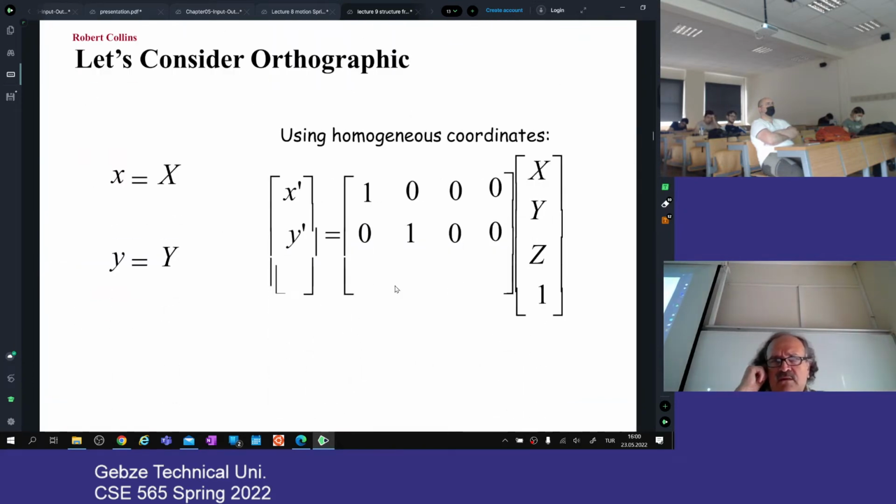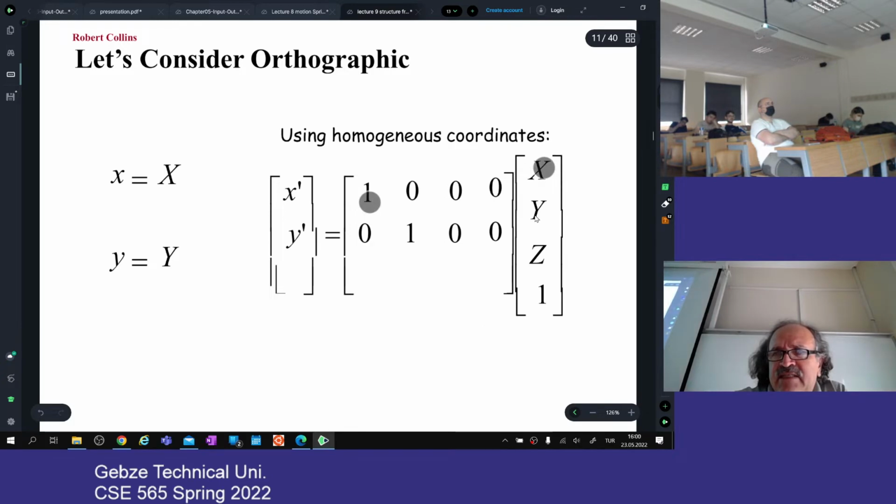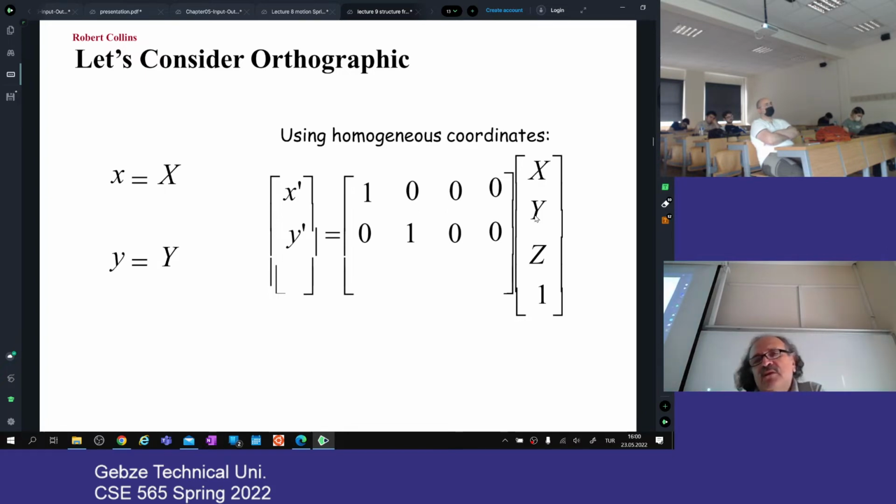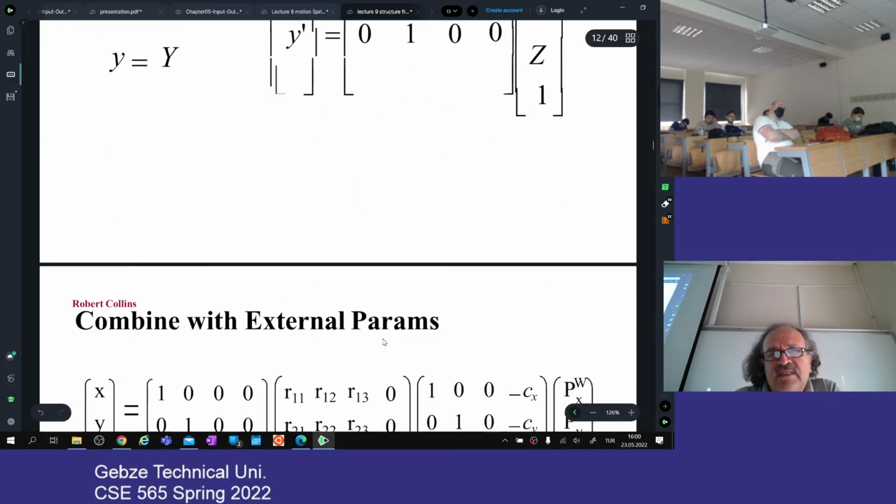So what happened? 1 times x, 0 times y, 0 times z, 0 times 1. So it is like x prime is equal to x, y prime is equal to y, and that's it. So our system is purely linear and very simplified.